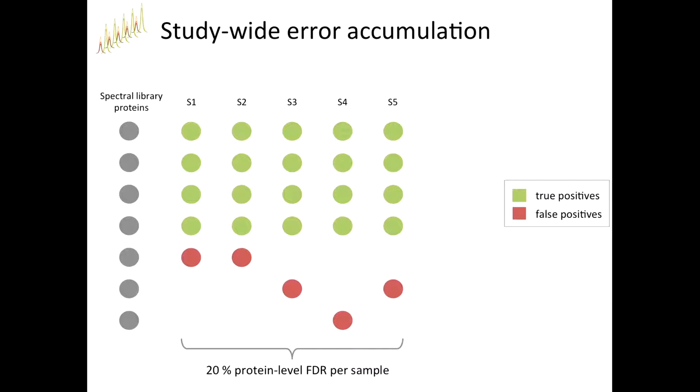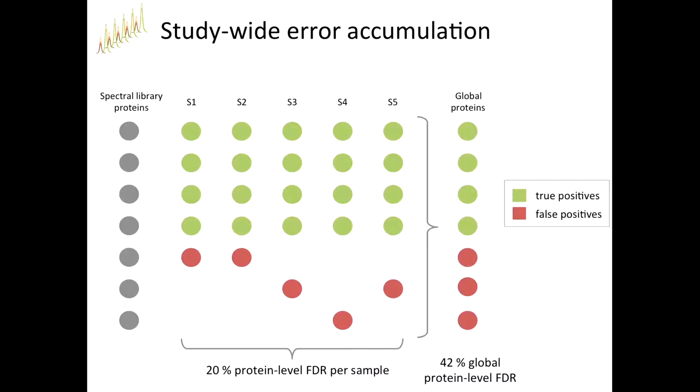So while in each of these separate runs you have a 20% protein level FDR, when you report the total number of proteins that were detectable in your entire data set, you suddenly end up at a 42% global protein FDR. And now the question is, do you actually want to report this, or what do you want to report, and how can you correct for this?